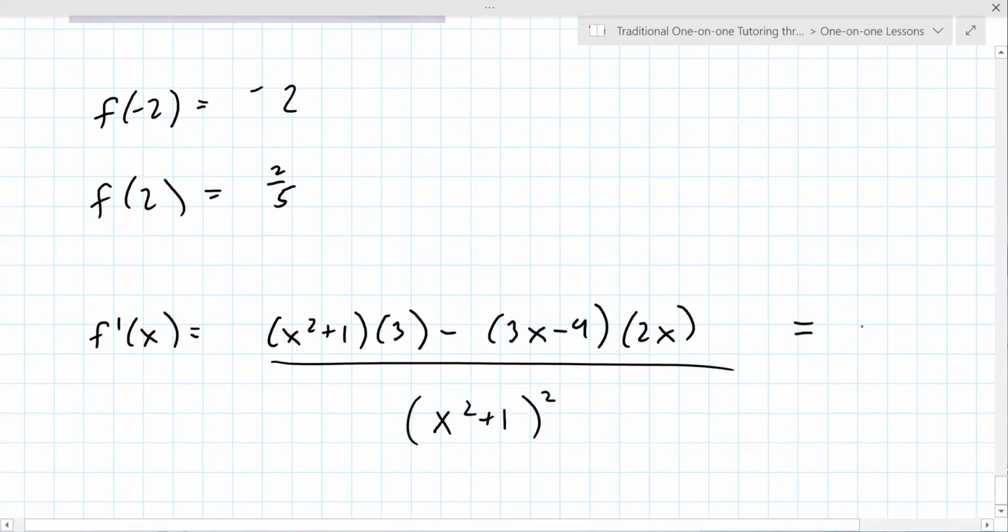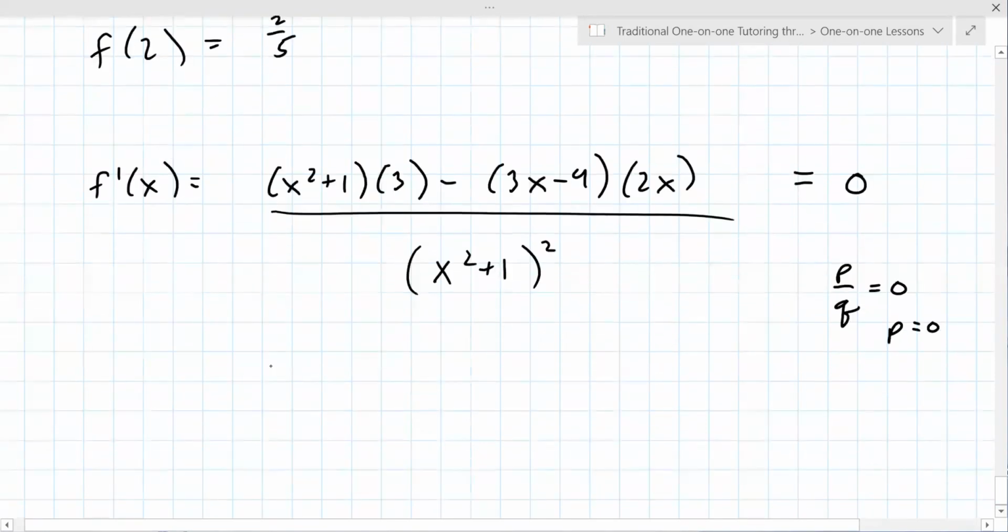Now you're setting this equal to 0. A rational function, when it's of this type, where it's p over q, equals 0 only if p equals 0. So you don't need to look at the bottom anymore. You're just looking at the top. So the top is 3x squared plus 3 when you distribute that in. 3x times 2x is 6x squared, so minus 6x squared, minus 8x plus 8x.